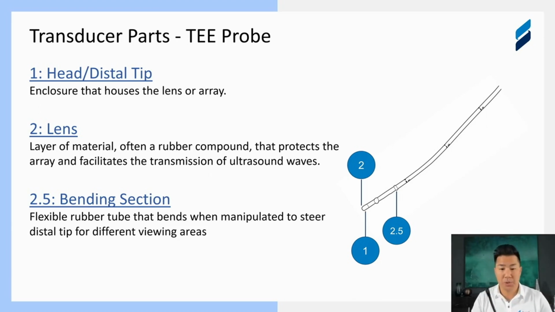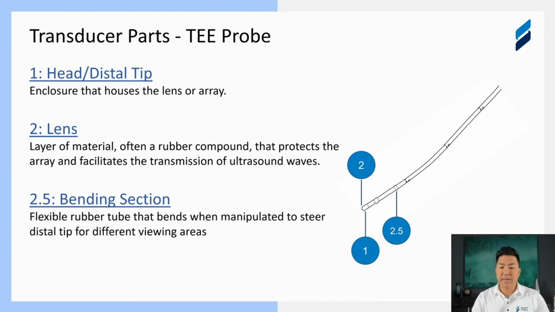Now, the lens on this particular probe, you're going to see these on your Epiq systems, is that square right there. And that is the lens. It is on top of this matrix crystal, a really sophisticated technology. That lens is a rubber compound of sorts that allows the crystal to send and receive sound through it.